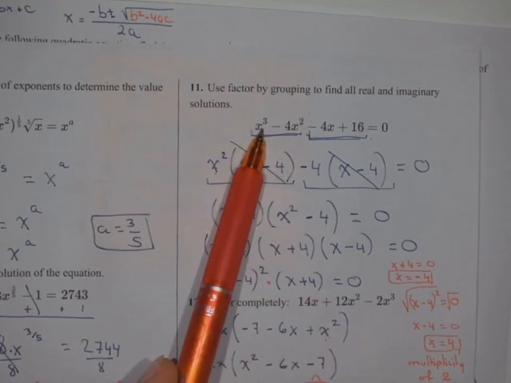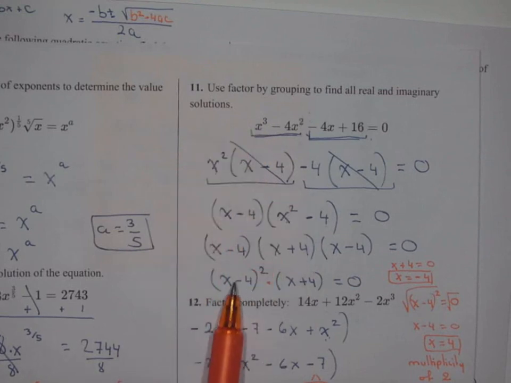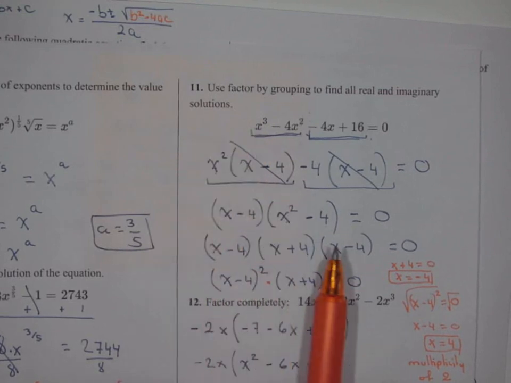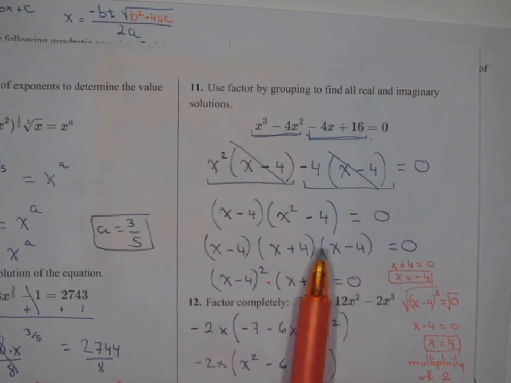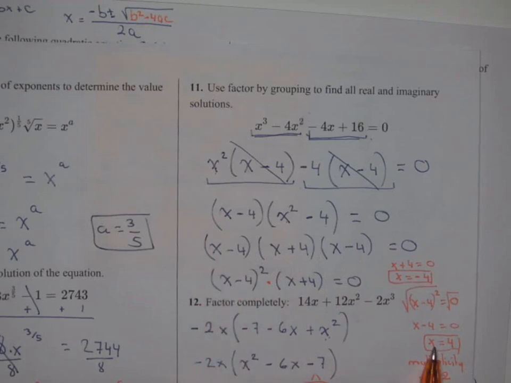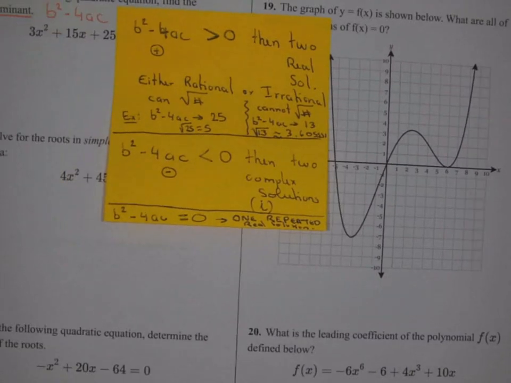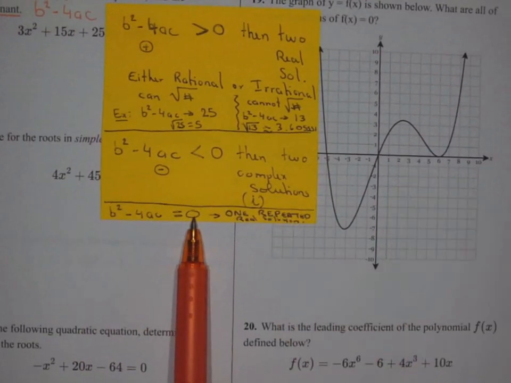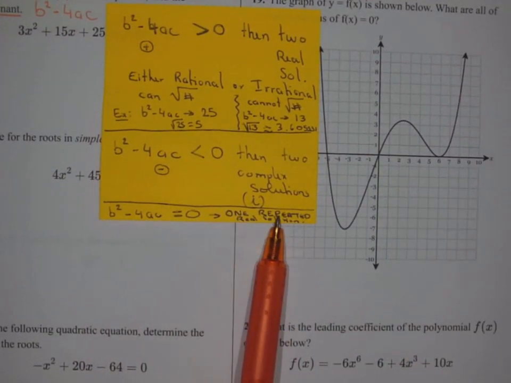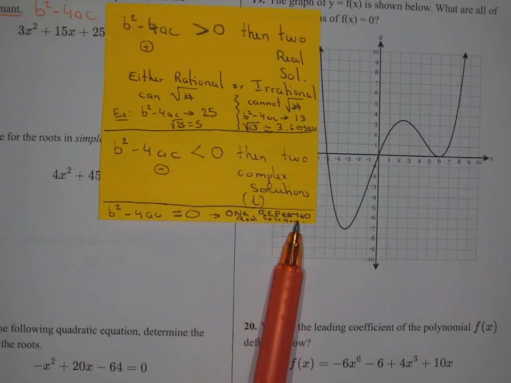Because we only have 2 and we needed 3. But then we realized that this one was a repeated one. We had it twice. So even though it's still x equals 4 as a solution, we had a multiplicity of 2. So it counts twice, and then this one once, right? That's what I mean when I say that when you have a 0, you're going to end up with one repeated real solution, right? You're going to have it twice.